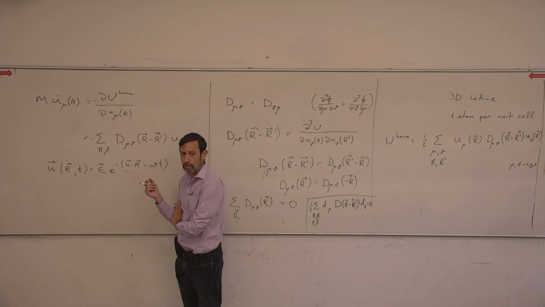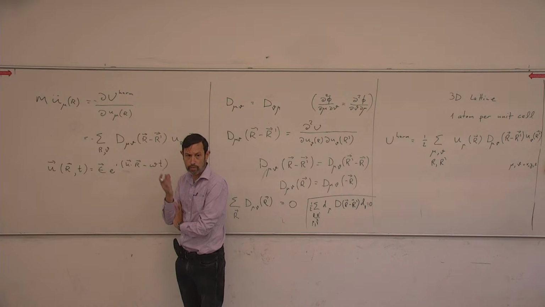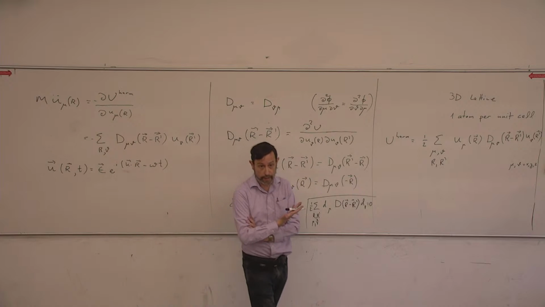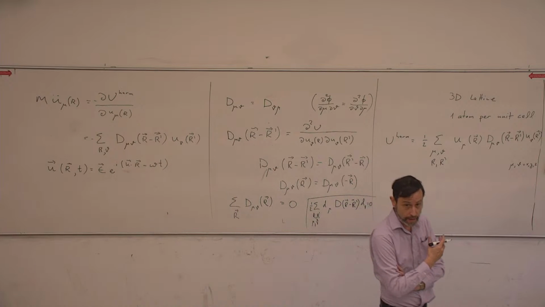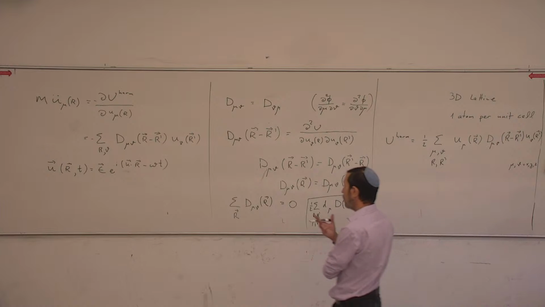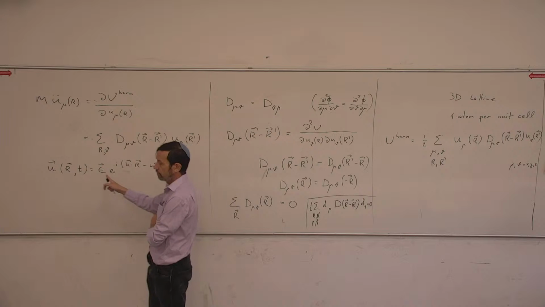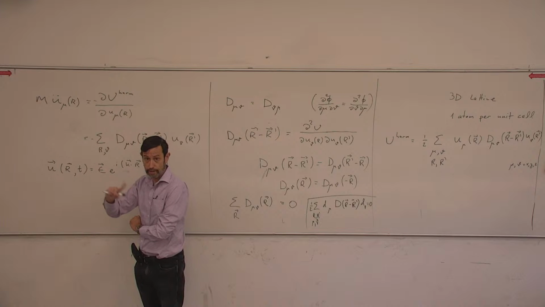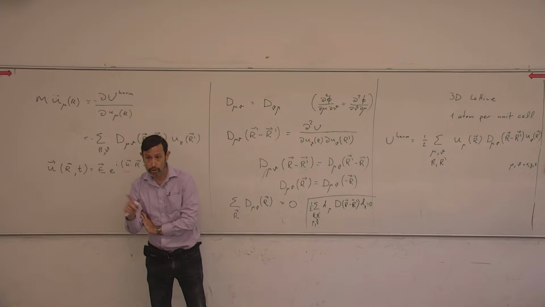So why is this a solution? Analogous to what we did in 1D, the only difference is that instead of having kx, we now have a k vector that has 3 components, and r is also a vector. And we can have a direction here for the plane of motion of this wave.